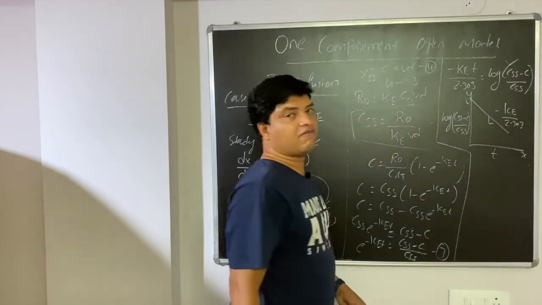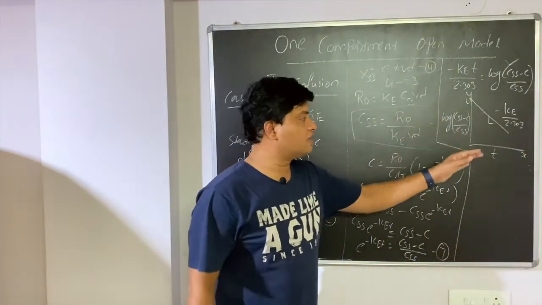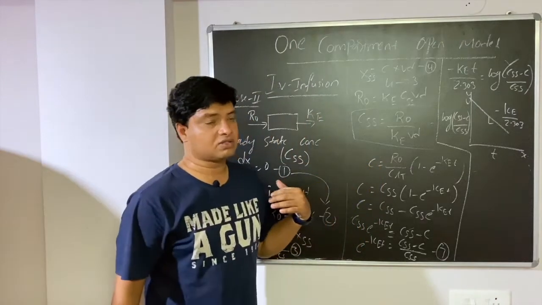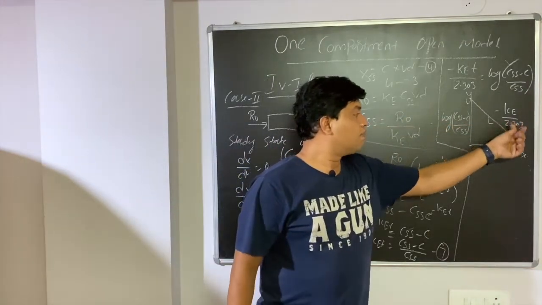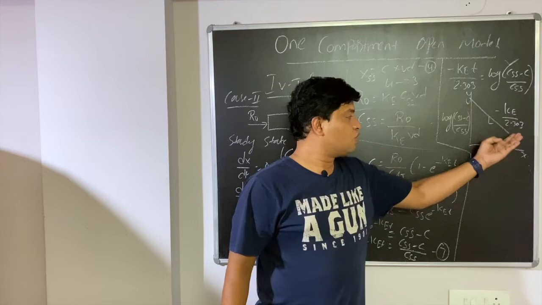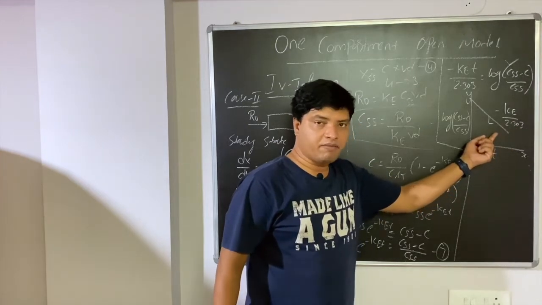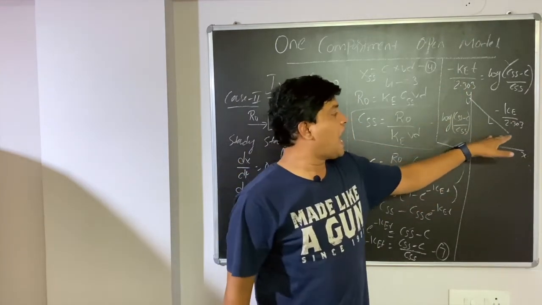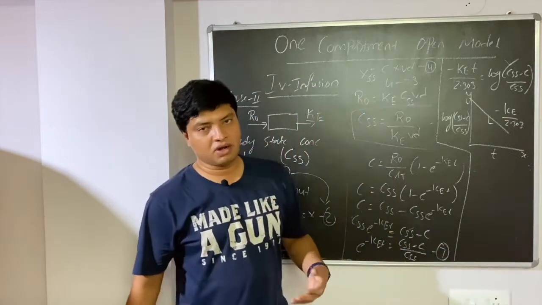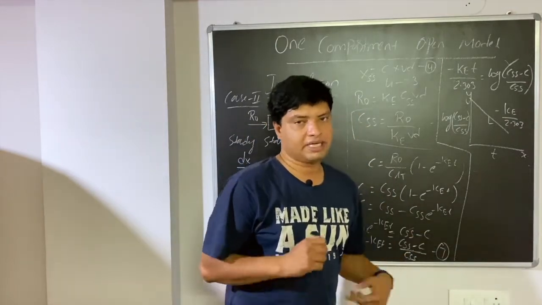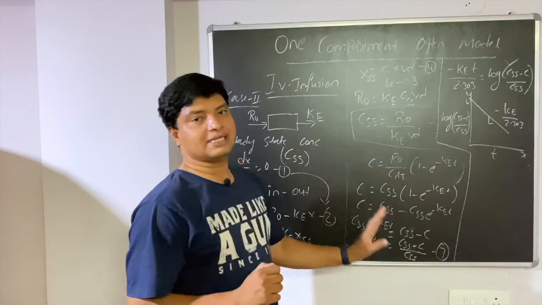To get the value of Ke, the elimination rate constant, in case of steady state concentration, you need to take the slope value from this graph, y2 minus y1 by x2 minus x1, and multiply that slope with 2.303. You will get the value of Ke. So this is case 2.